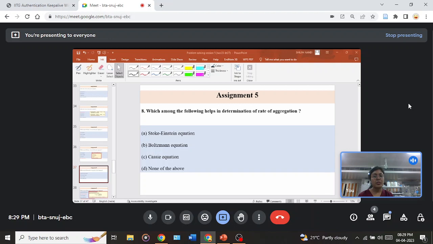So Stokes-Einstein equation was dH is equal to kBT, that is kB is your Boltzmann constant, T is your absolute temperature in Kelvin, divided by 3 pi eta D. Eta was your viscosity and again D was your diffusion constant. So it did not have that particular rate of aggregation factor K, right? So how can you say that the correct answer is A? So you might have to again rethink about your answer, whether it is A or B or C.